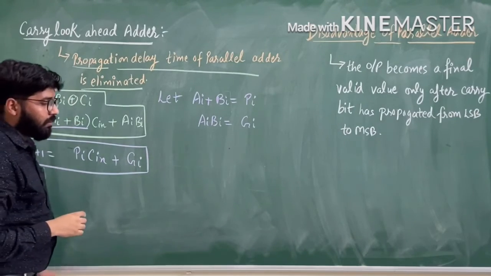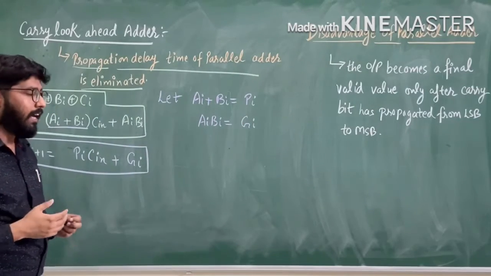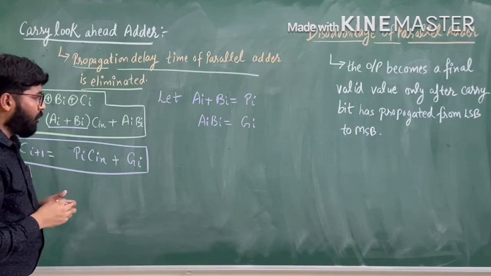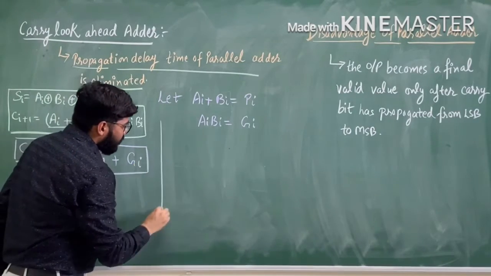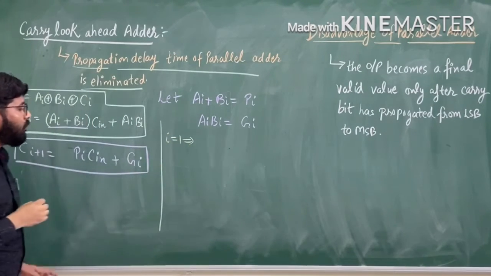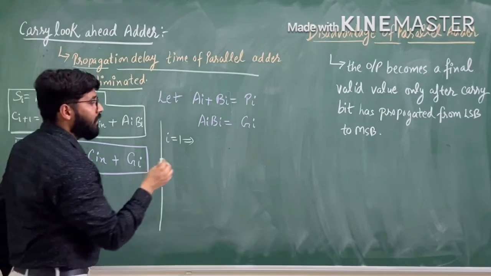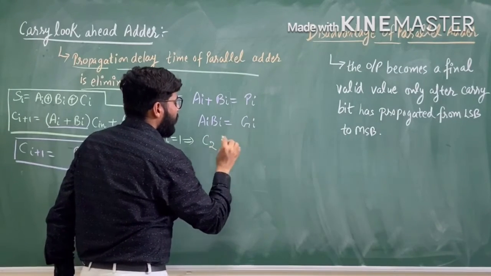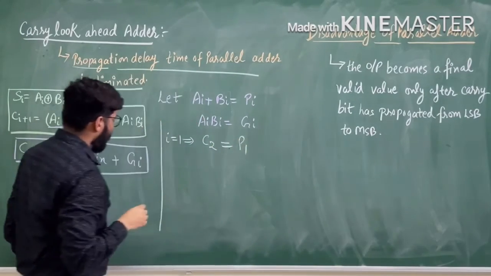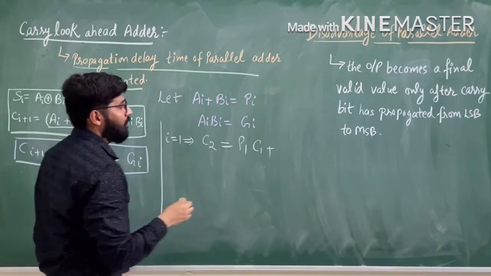Now we put i equals 1, i equals 2, i equals 3 and determine the carry that is propagated from FA0 to FA4. See here: if we put i equals 1, we get C2. This is the C2 carry, which equals P1 C1 plus G1.